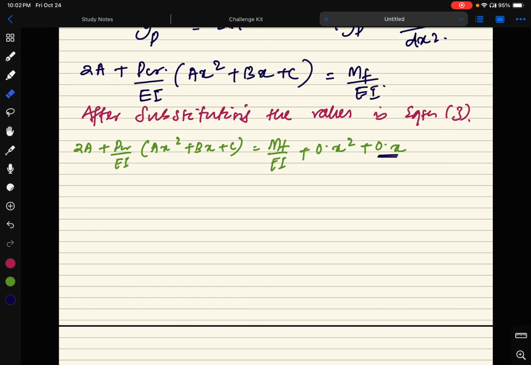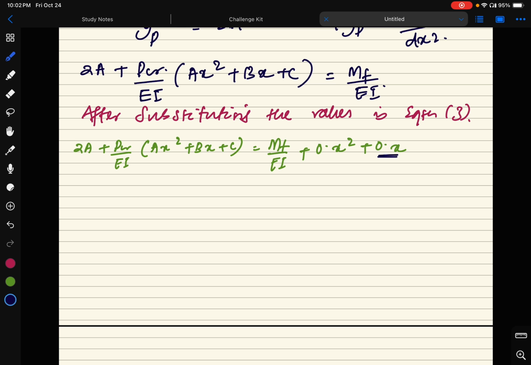After substituting this value in equation 3, we have 2a plus PCR by EI x square, bx plus c. On the right hand side, we try to write it down in terms of 0x square plus 0x so that we can easily equate the coefficients on the left hand side to the right hand side.